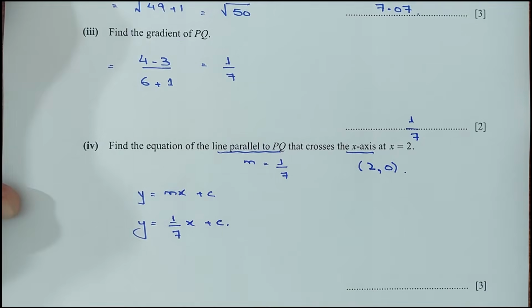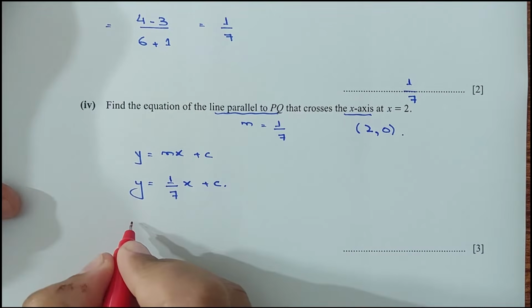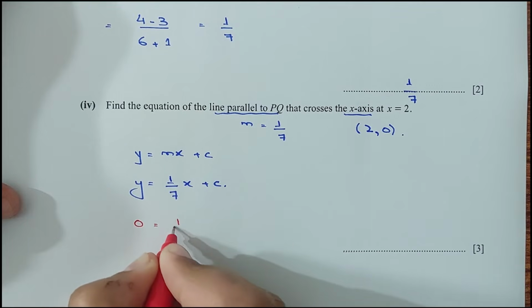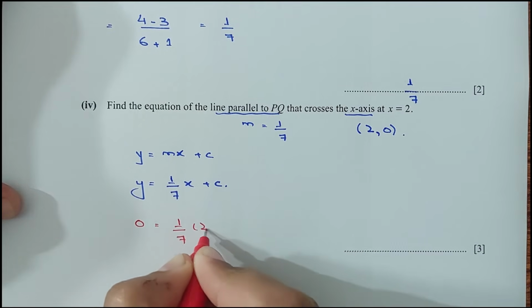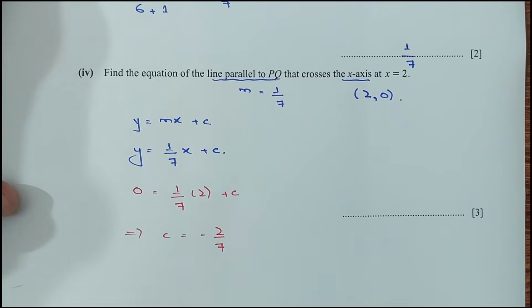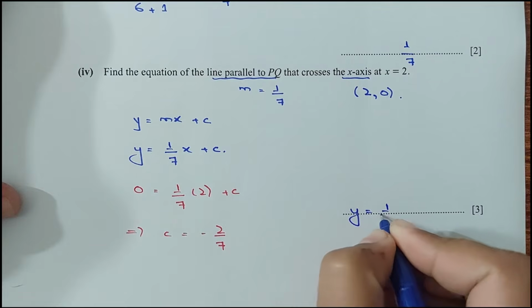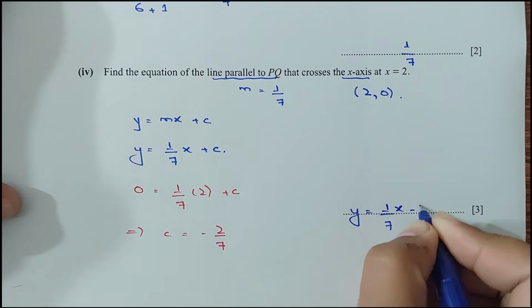Now to get the value of c, the y-intercept, we have to use this point (2, 0). X is 2, y is 0. 0 is 1 by 7 times 2 plus c. So from here the c value is negative 2 by 7, right? So the equation of the line that is parallel to PQ is y equals 1 over 7 x minus 2 by 7, right?